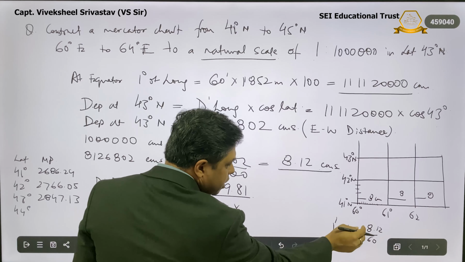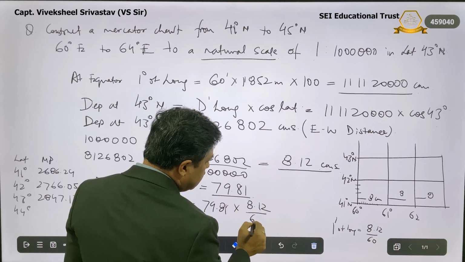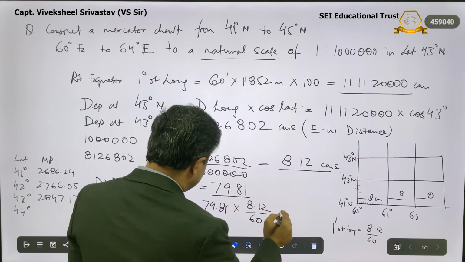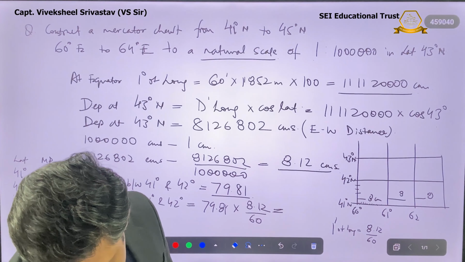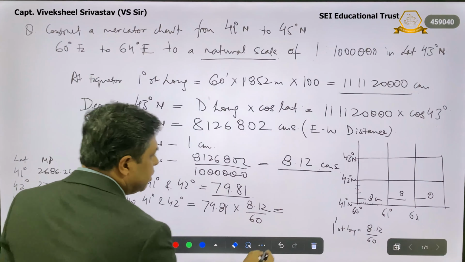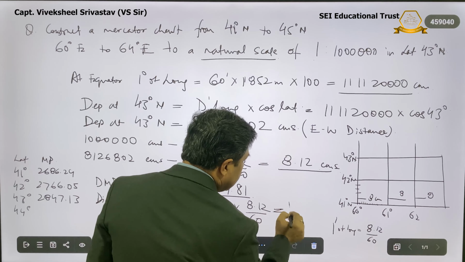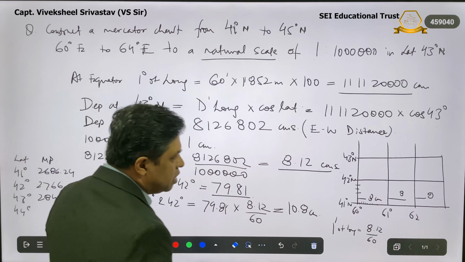The length of each minute of longitude is 8.12 divided by 60. So that will give you around 10.8 centimeters.